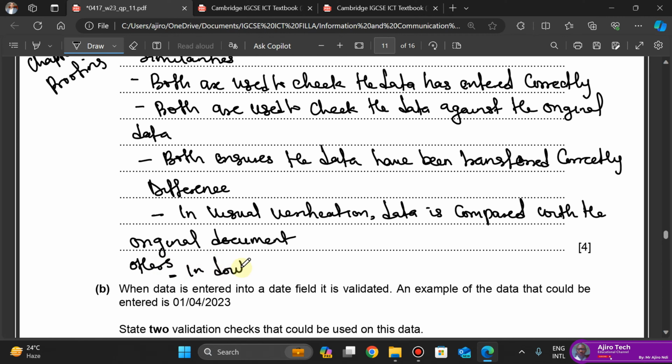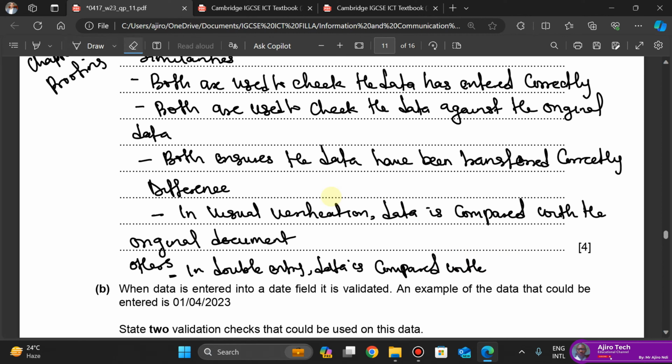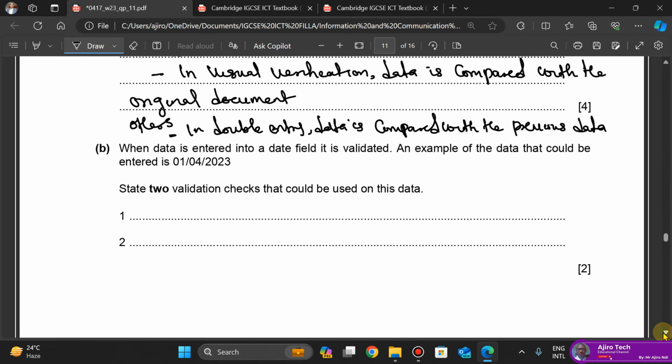In the double entry, data is compared with the previous data. Okay, with the previous data.